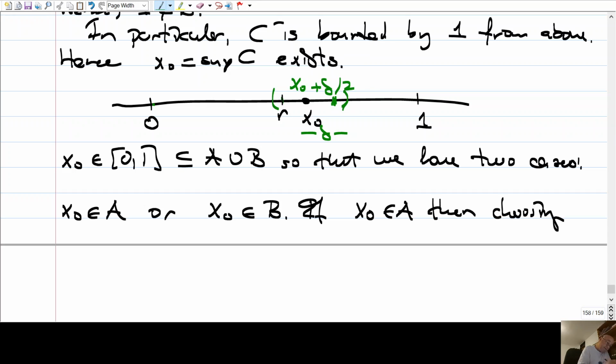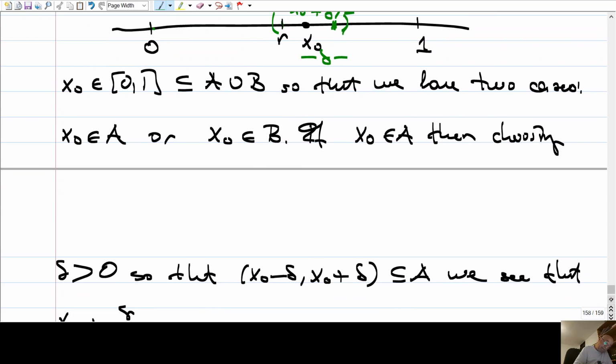The radius of this interval is delta, and I go up to this much.